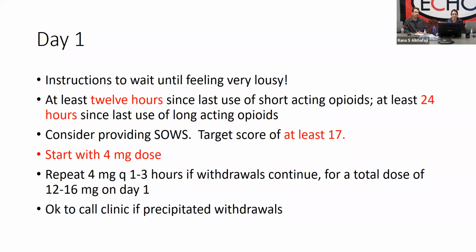And so if the person seems interested in having the actual scale to look at, if that's helpful for them or perhaps for their support person to have, you could also provide the opiate withdrawal scale and explain that the target score should be at least 17 on that scale.